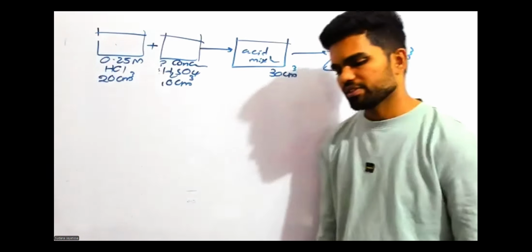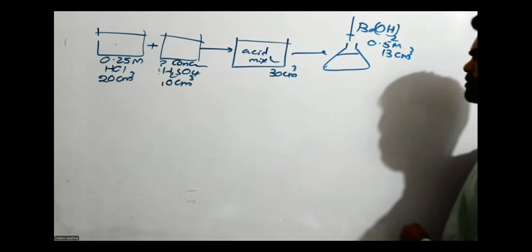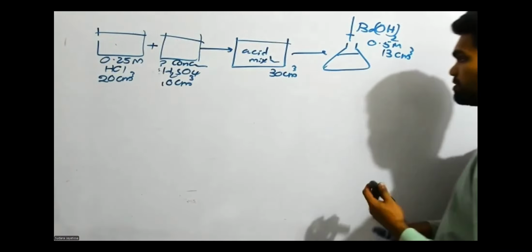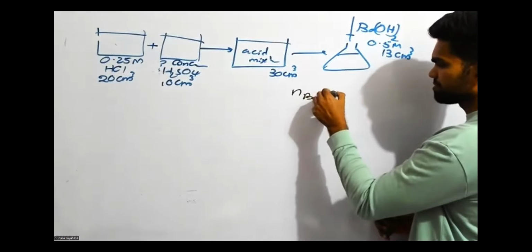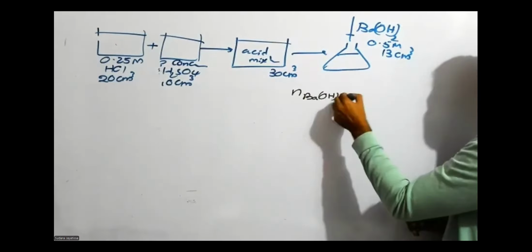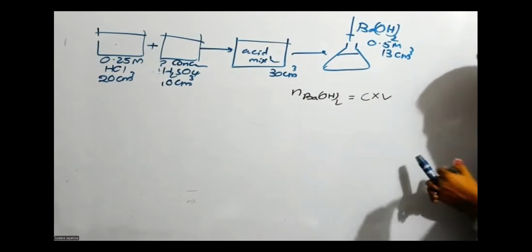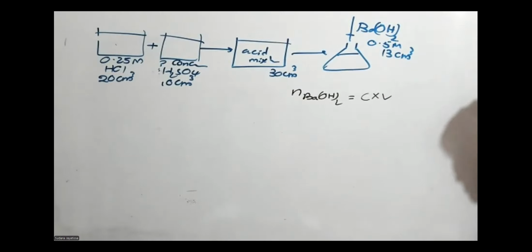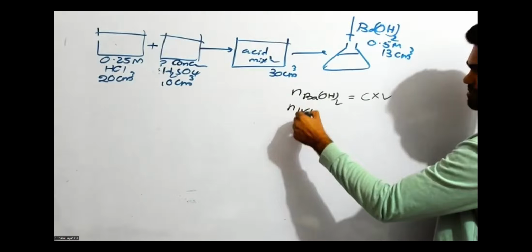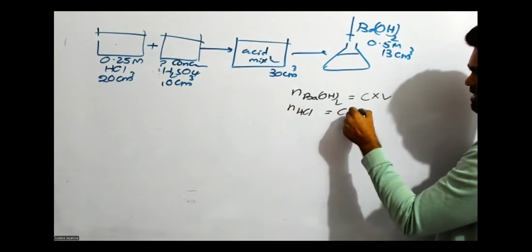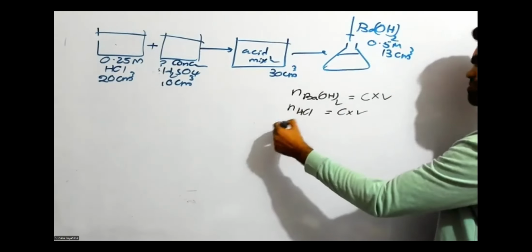Then they ask for the sulfuric acid concentration. Let me show you the steps to find it. First of all, find the moles of barium hydroxide by multiplying the concentration and volume. Then find out the moles of HCl, using concentration and volume. Then get the ratio.